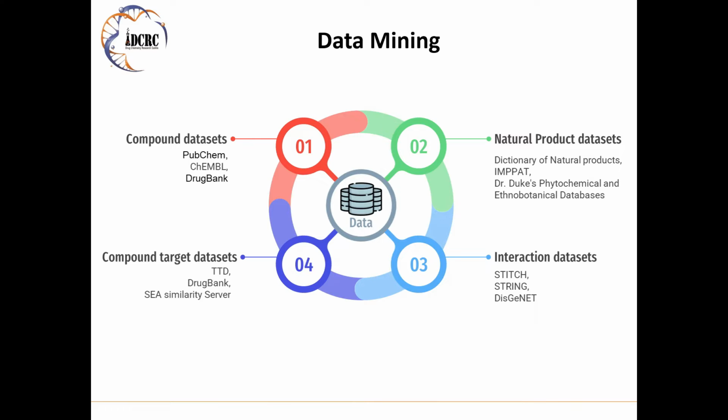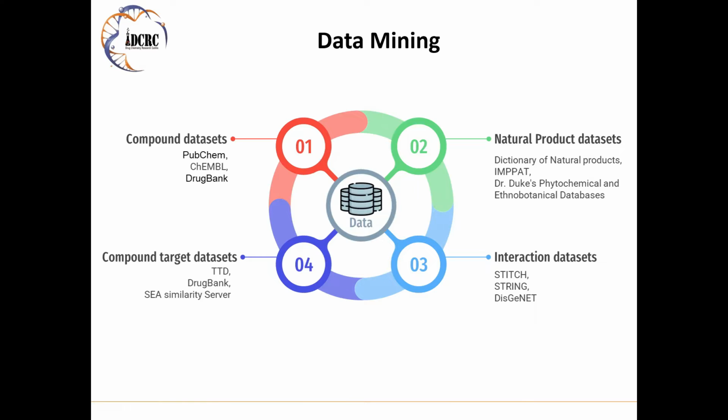Then, other than these interaction data sets, there can be compound-target data sets, like DrugBank, Therapeutic Target Database (TTD), and the similarity server. TTD and DrugBank provide an authenticated route for compound-target acquisition. The similarity server is a server by which we can predict the targets of particular compounds.